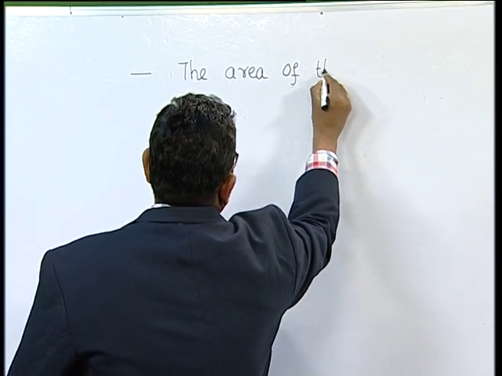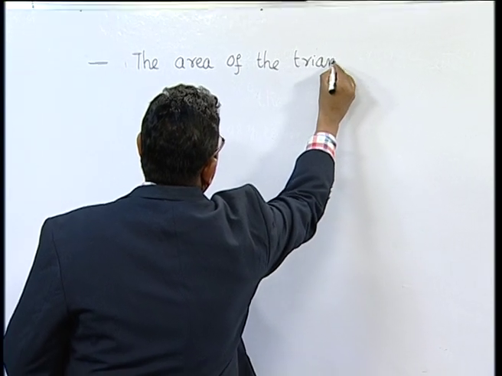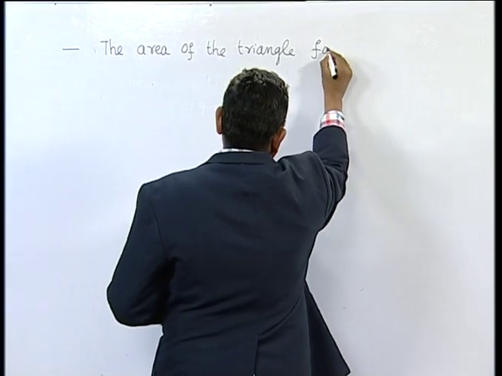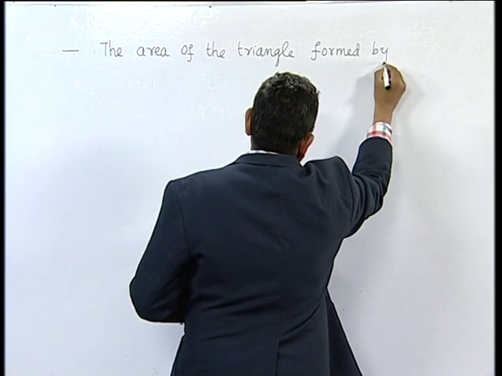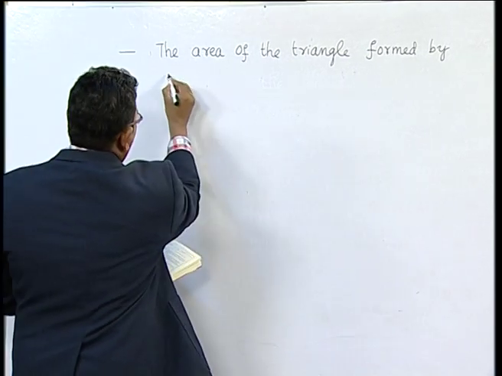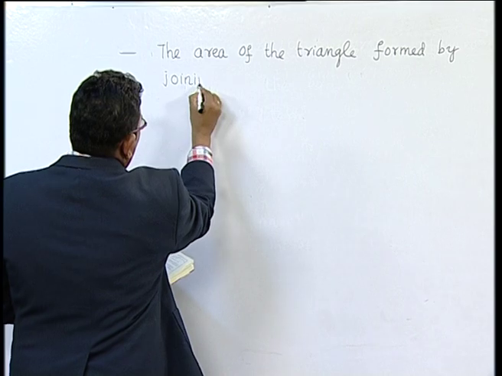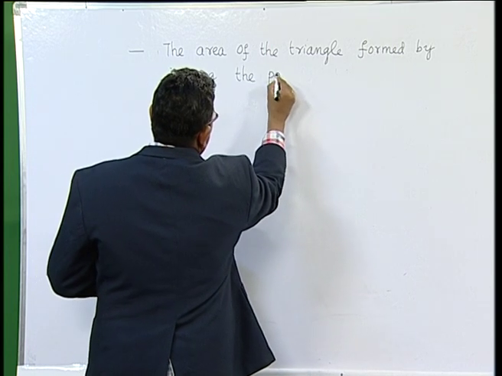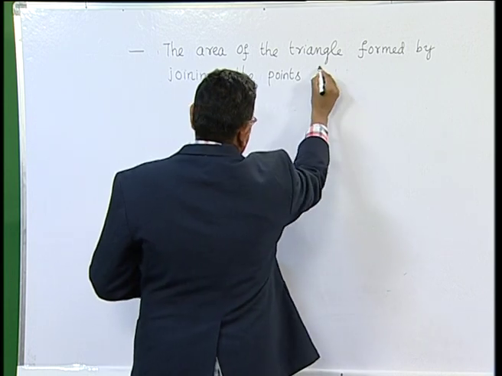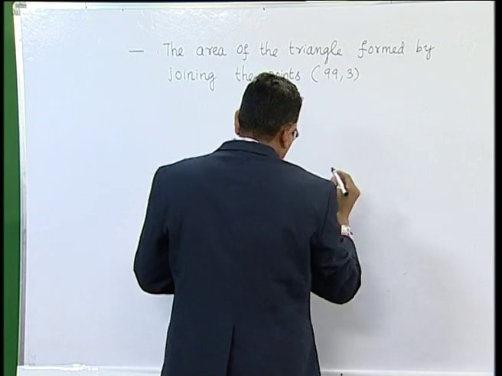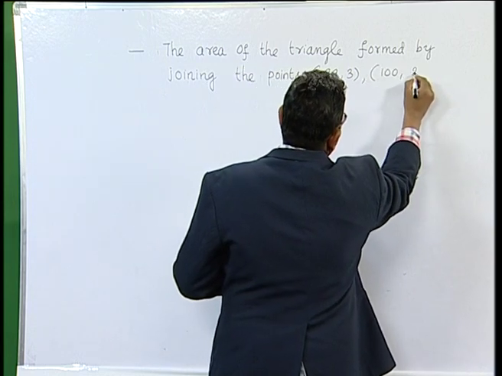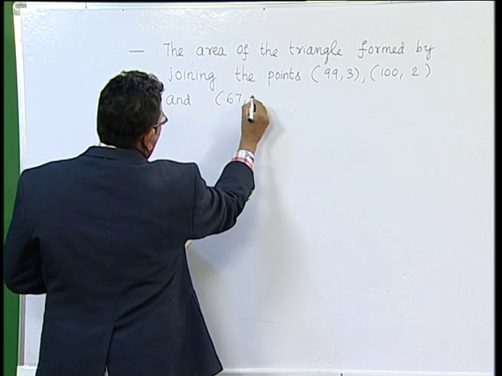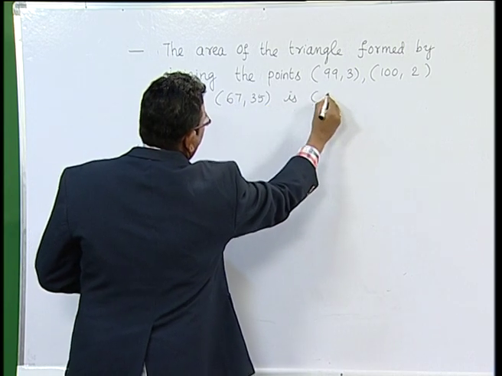The area of the triangle formed by joining the points (99, 3), (100, 2) and (67, 35) is. Okay, this is the problem.